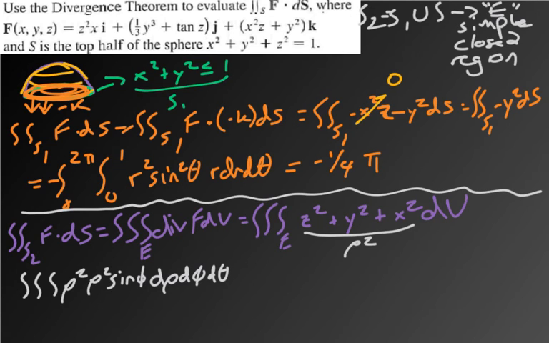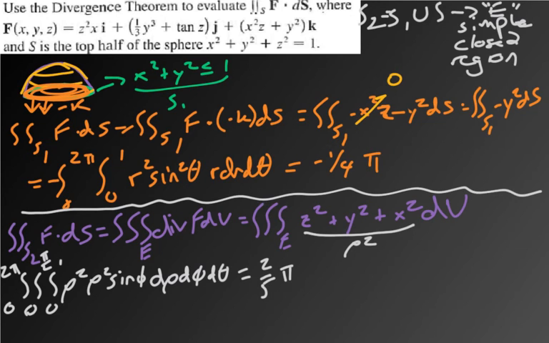My rho goes 0 to 1, phi goes from 0, that's the angle that comes down from z, up to pi over 2. And then you need the full polar angle, 0 to 2 pi. If you do that out, it's not such a bad triple integral either. Basically, you'll just get 2/5 pi.